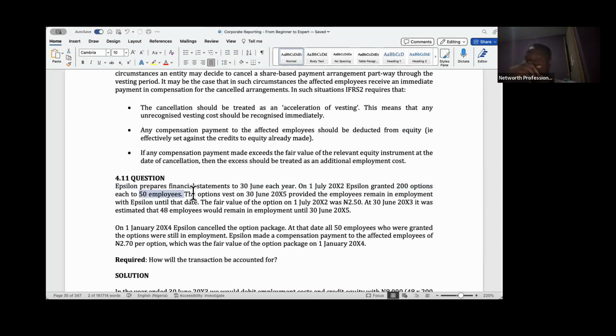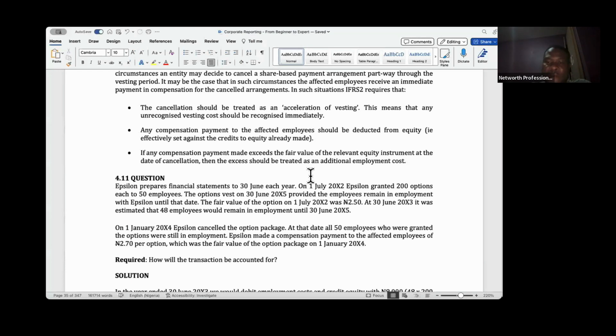The option vests on 30th June 2005, provided the employee remains in employment with Epsilon until that date. So how many years is the vesting period? 3 years.